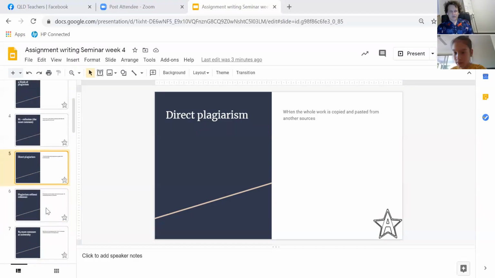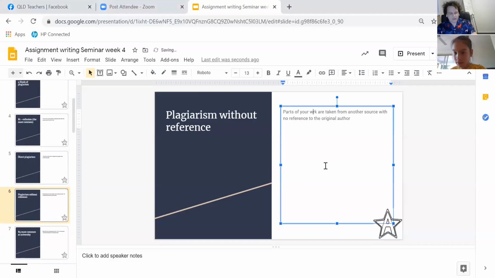So, plagiarism without reference, apparently I can't spell, is where you take someone else's ideas, you might put them into your own words, but you don't give any credit to the original author. And why is it important to give credit? Why is it important to state where you got the information from?